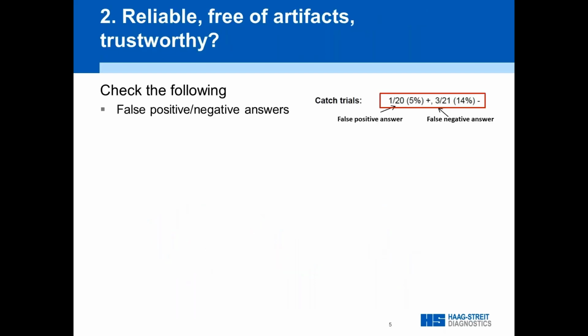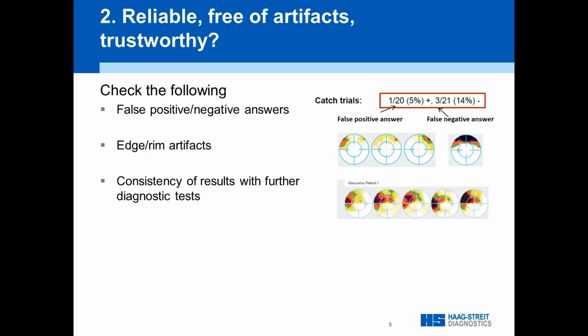First one, which I think is what everyone does, is to check the false positive and negative answers. But there are actually more signs of unreliable fields that we sometimes miss. Check for edge and rim artifacts, check for ptosis. Here are some examples. And one I find quite important is the consistency of results with further diagnostic tests.